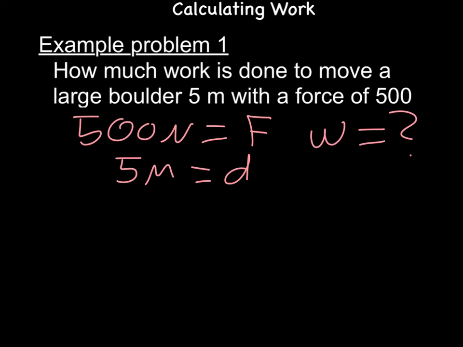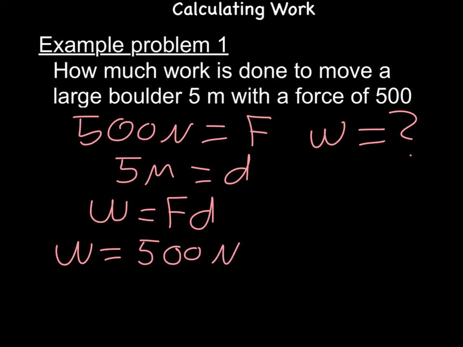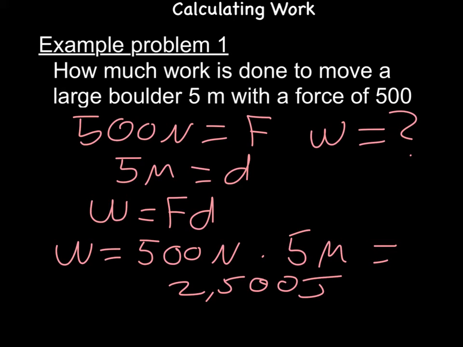So we're going to substitute that into the equation work is equal to force times a distance. So we get work equal to 500 newtons times 5 meters, which gives us 2,500, and our new unit that we just learned about, joules.